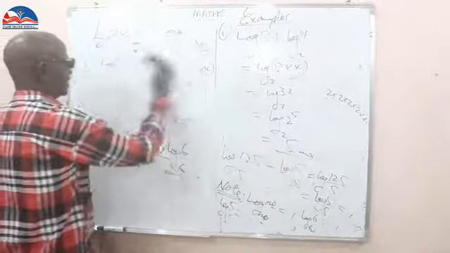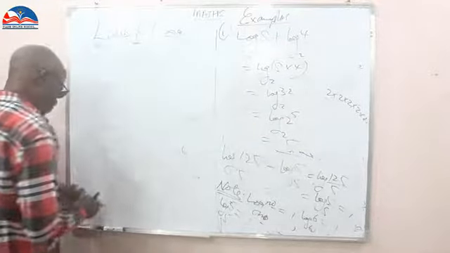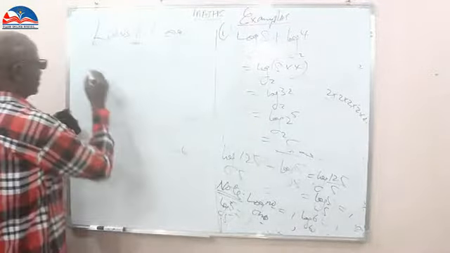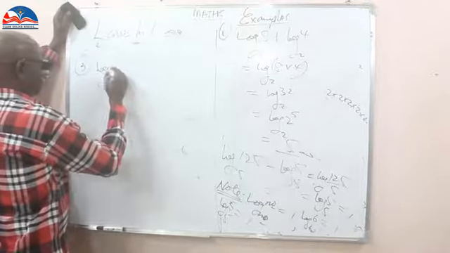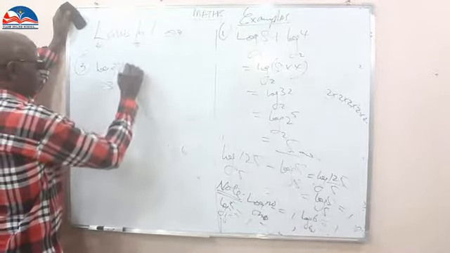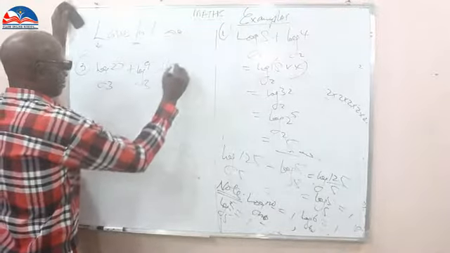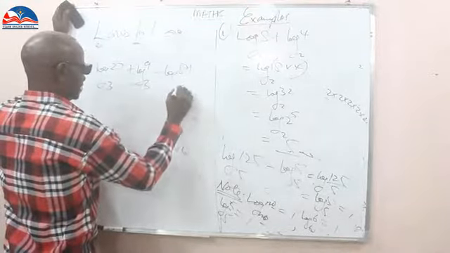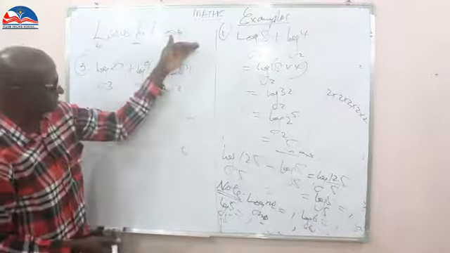Then example number 3. If I now give you log of 27 in base 3 plus log of 9 in base 3 minus log of 81 in base 3. If you watch, we are combining both the first and second law.